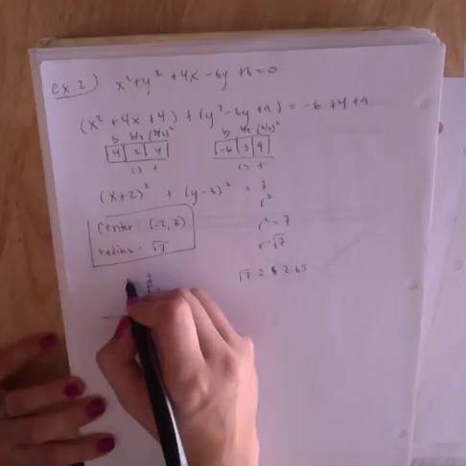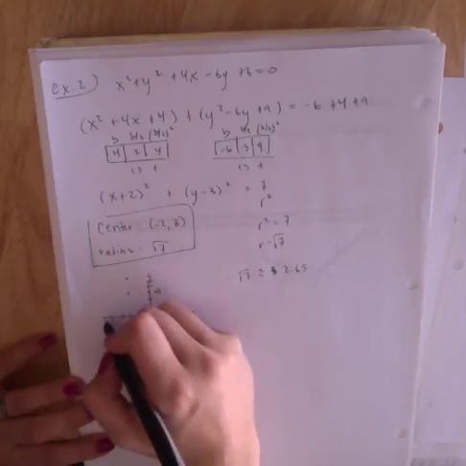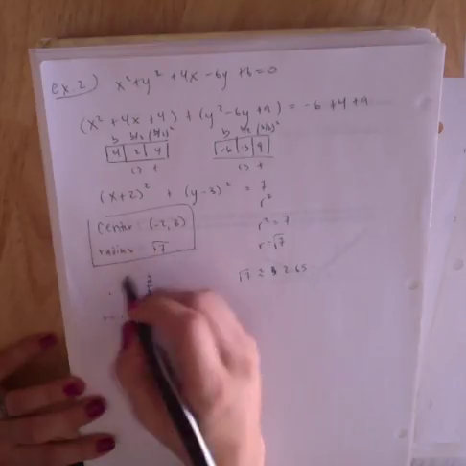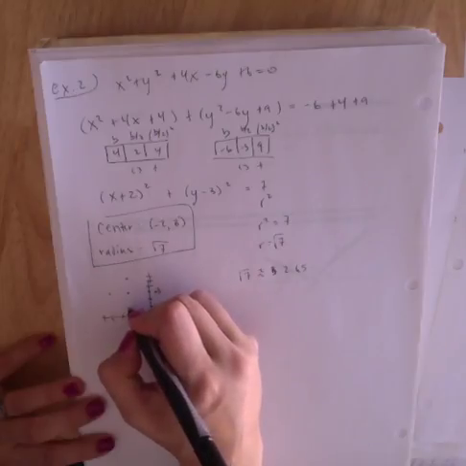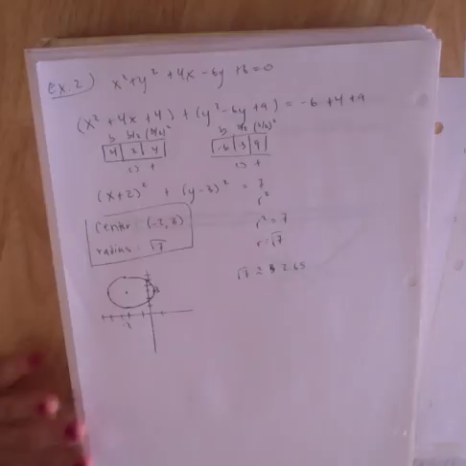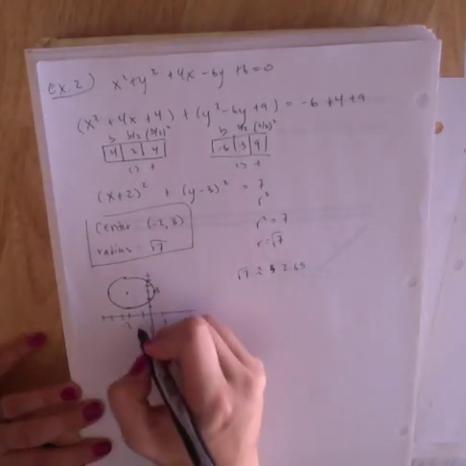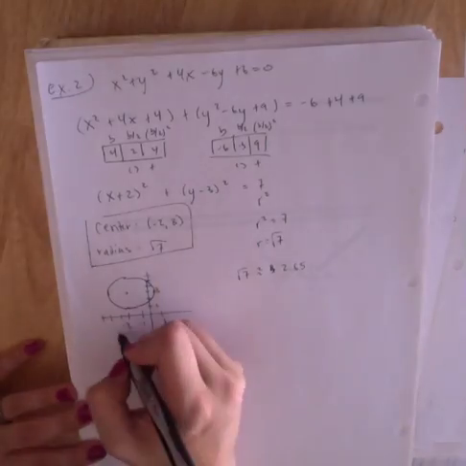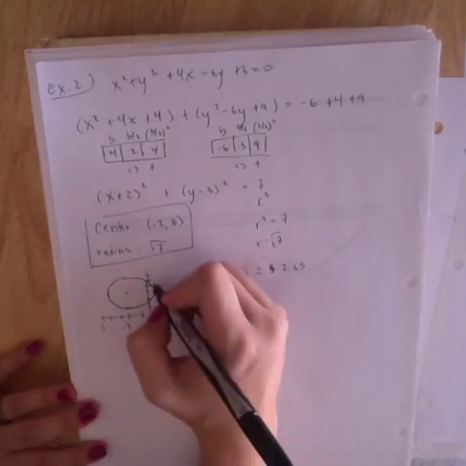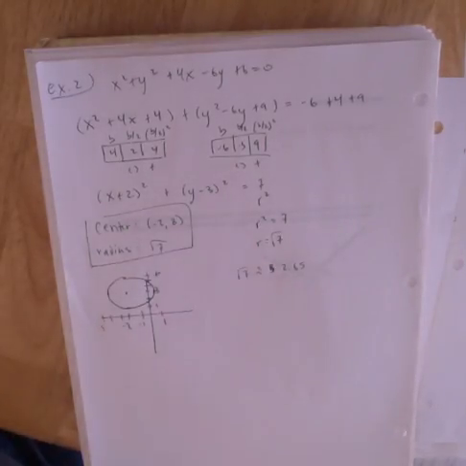I'll go up 2, a little less than 3. To the left 2, a little less than 3. And down 2, a little less than 3. There's my circle. Again, same thing that I always ask, right? You label several points, 3, 4, 5, 6, and that your graph is at least as good as mine.